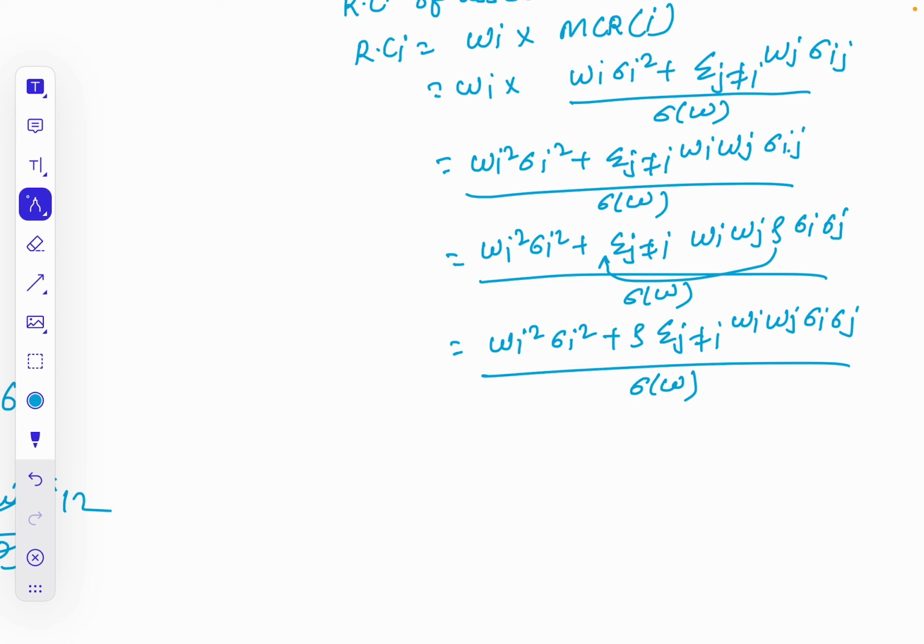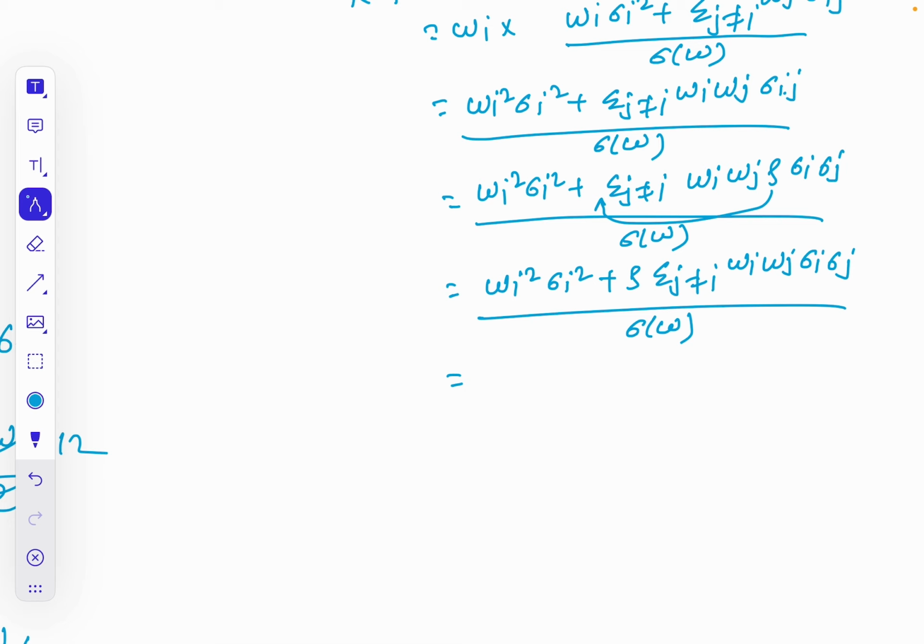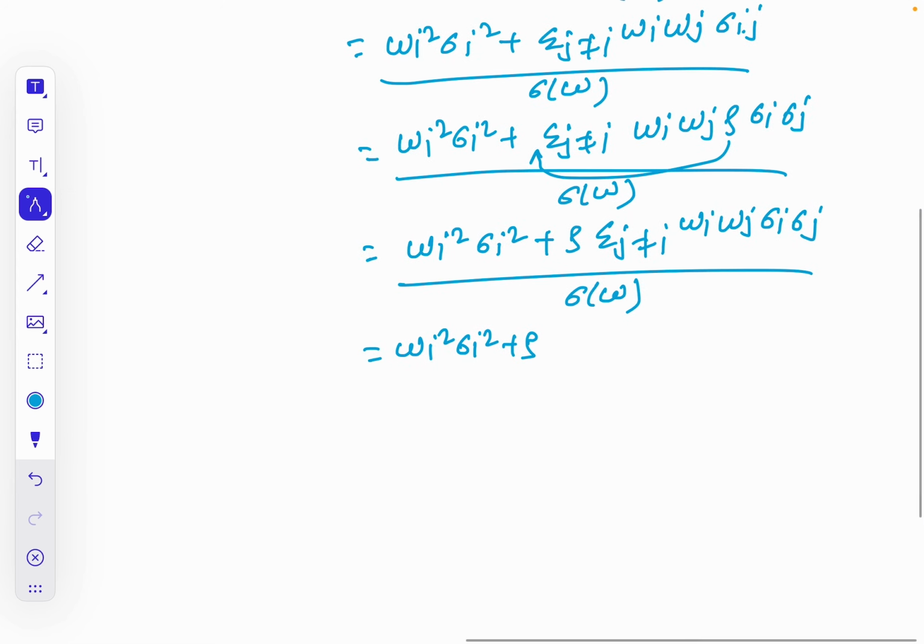This is the risk contribution of asset i. The term that you are seeing is for all j but not equal to i. So let us extend it for all j. Now it would include j equal to i as well, right?